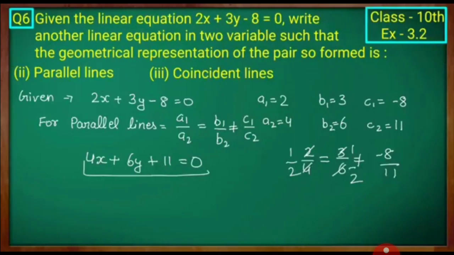For parallel lines, it is given that 2x plus 3y minus 8 is equal to 0, a linear equation in two variables. As we know, for parallel lines, the ratio of their coefficients is a1 upon a2 equal to b1 upon b2 does not equal c1 upon c2. From the given equation, a1 is 2, b1 is 3, c1 is equal to minus 8.